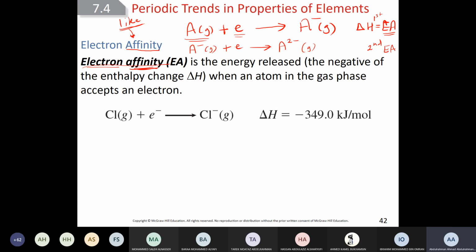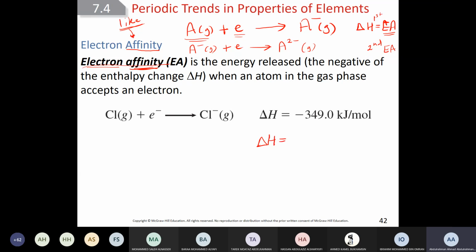Okay? Always delta H is equal to the electron affinity, written in positive letters. Always keep this in mind. Delta H equal to what?